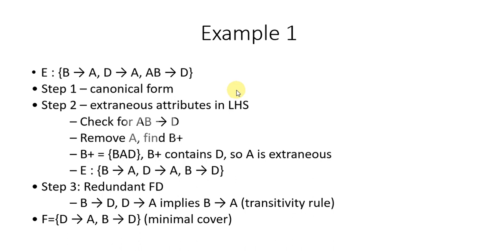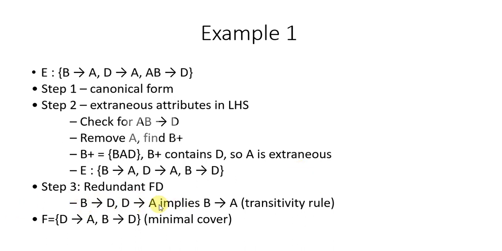B to D and D to A, so that implies B to A. Instead of these two, B to D and D to A, we can replace that with B to A. Which means the functional dependency set F is equal to D to A and B to D.